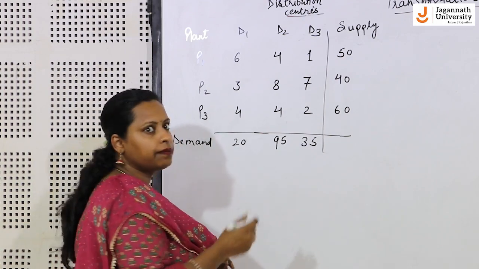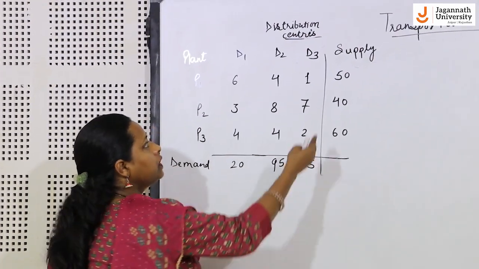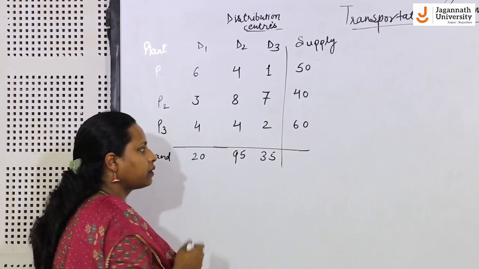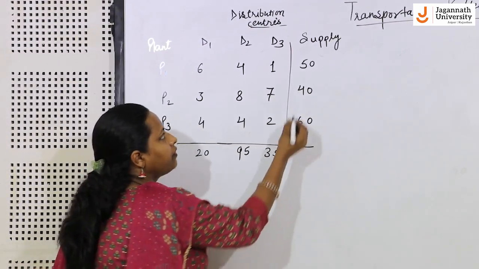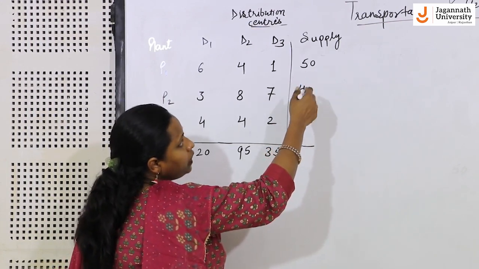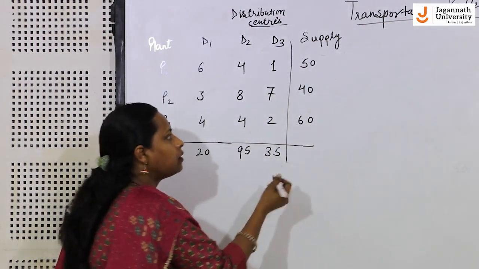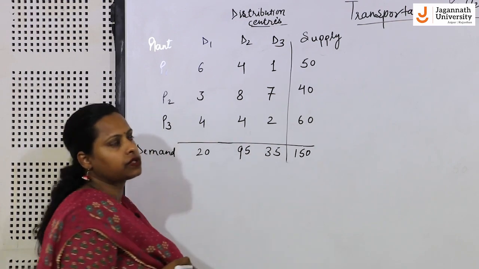If the demand and supply is equal, then it is a balanced transportation problem. So we can check the total in demand. There are 20, 95 and 35 units. The total of the 20, 95 and 35 is 150, and in the vertical column also you can see the 50, 40 and 60. So here also the total is 150. So this problem is a balanced transportation problem.